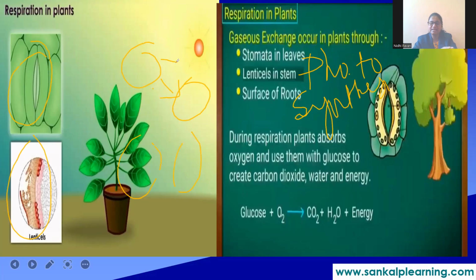That is why they help in exchange of gases. The outer layer of a root will also help in respiration in plants. So this is respiration in plants. It is a type of aerobic respiration.